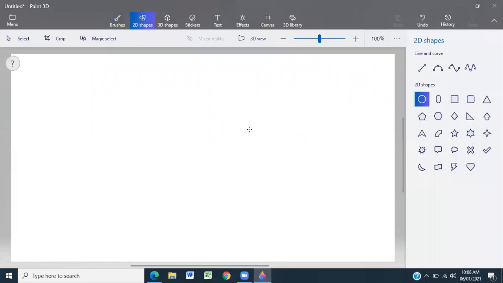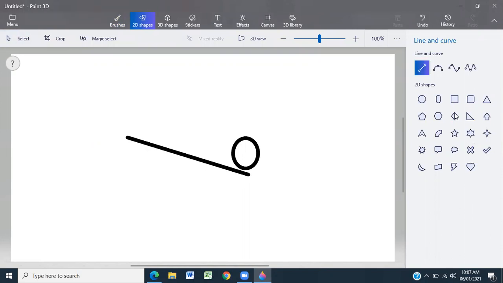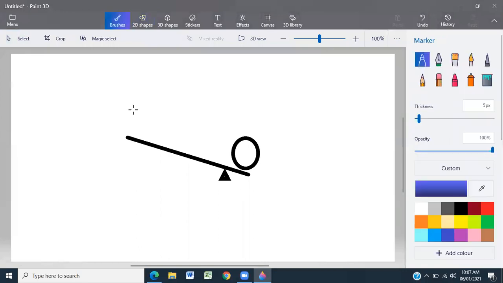we'd have some weight, and then we'd have the lever coming here, and the fulcrum, of course. Let's say we had a downward force of maybe 20 newtons being applied here.